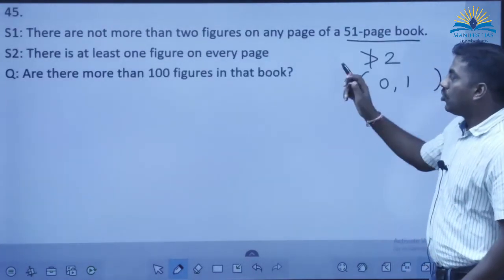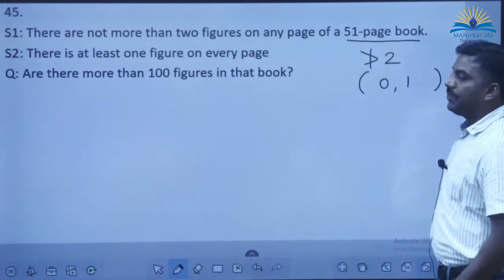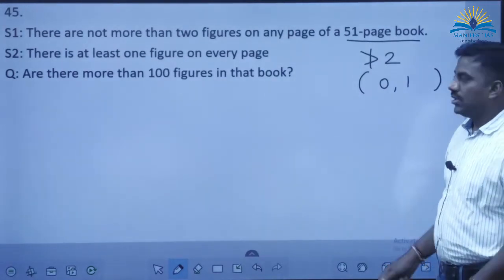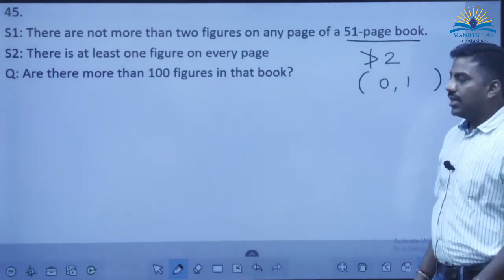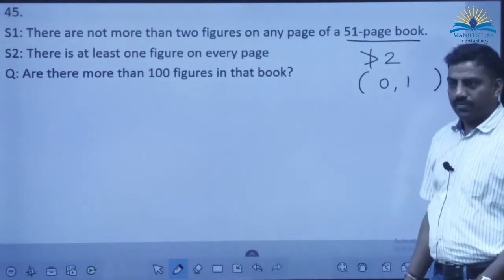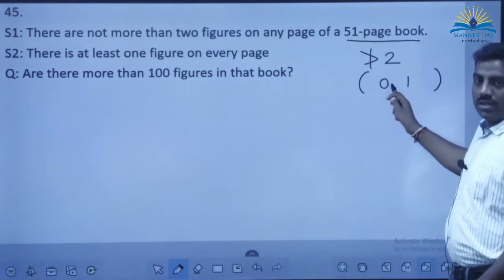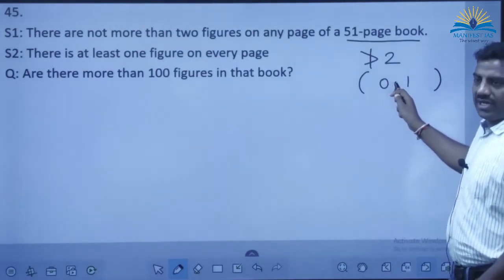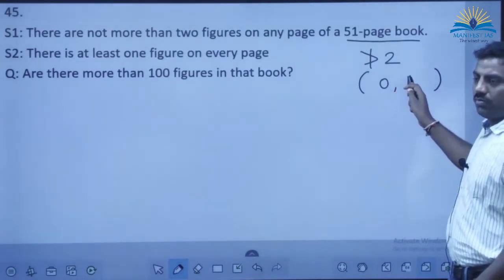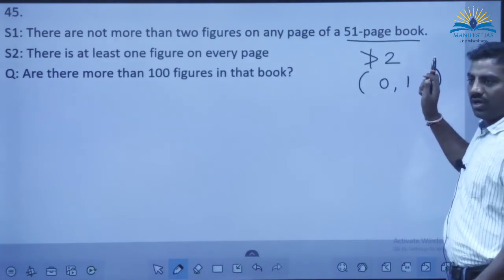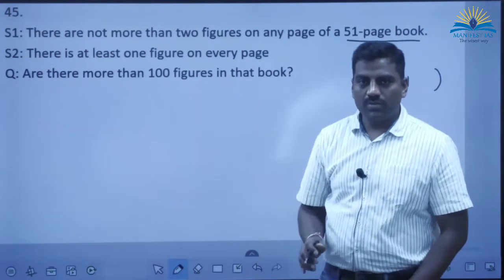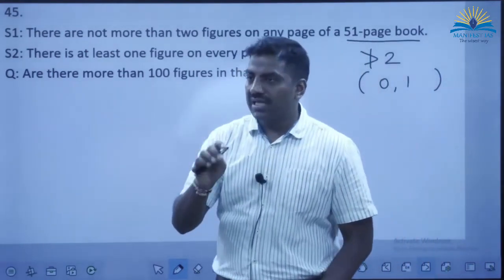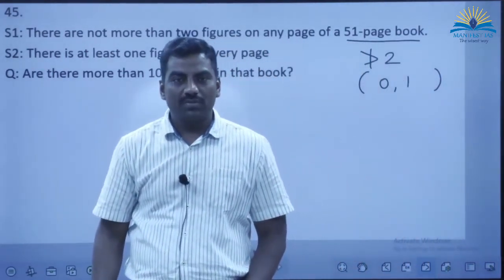There are not more than 2 figures on any page of the book. Then go to the question. Are there more than 100 figures in that book? The minimum number of figures is 0, maximum 1. Now, don't read the second statement. I am asking you, are there more than 100 figures in the book?